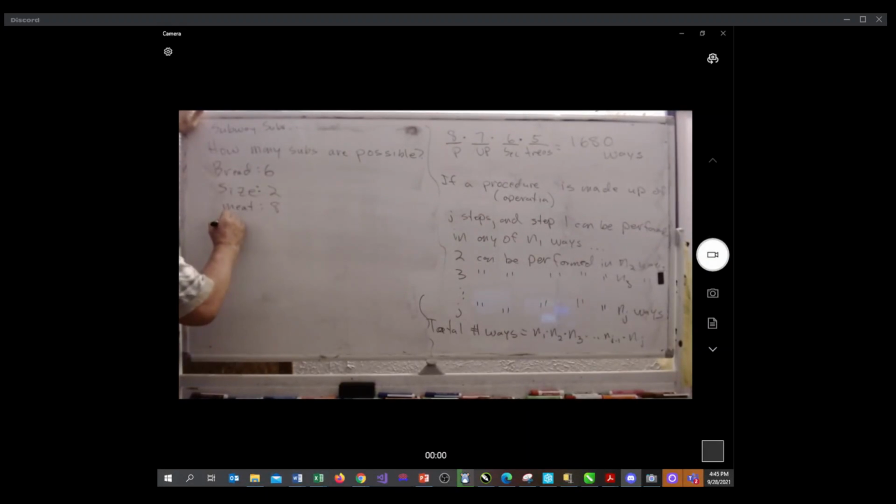What's next? Cheese. How many types of cheese? 3 or 4? Is it only 3 or 4? American, mozzarella, Swiss, provolone. Anything else? American, Swiss, provolone, mozzarella, cheddar. There's at least 5, right?